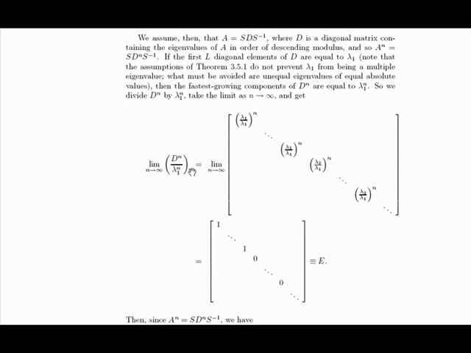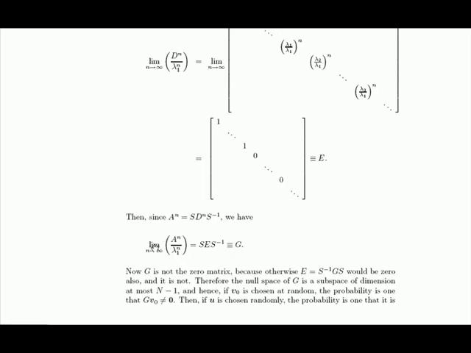So under the assumption that there is a largest eigenvalue, D to the nth power over lambda 1 to the nth converges to something. And therefore, since A to the nth power is just S D to the nth power S inverse, then A to the nth power over lambda 1 to the nth power is also converging to a fixed matrix we'll call G, which means that for large n, A to the nth power is essentially just some matrix G times lambda 1 to the nth.